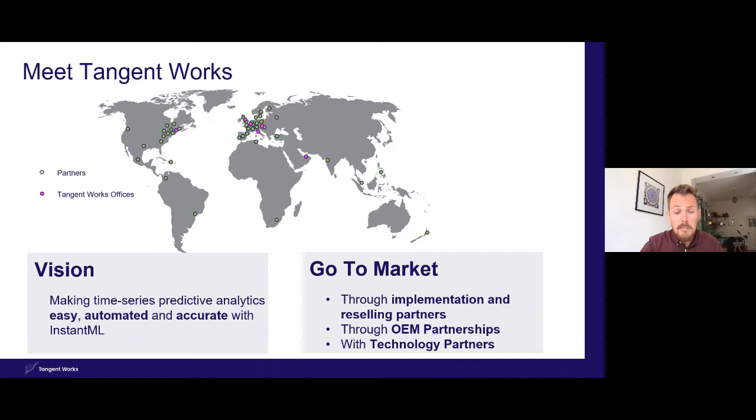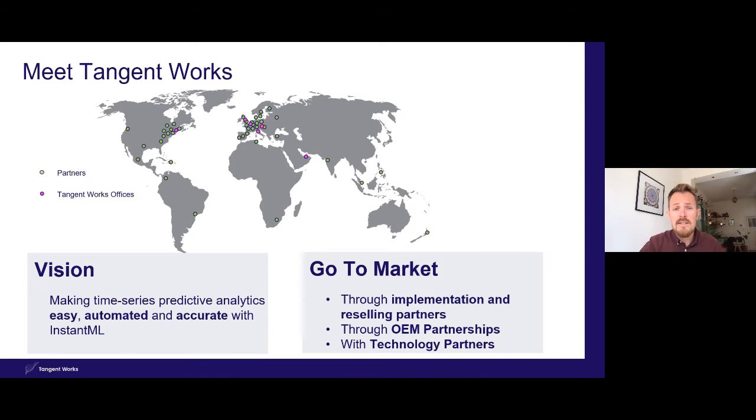So TangentWorks, we are a Belgian company, a scale-up company today, growing quite rapidly, and we're really a technology vendor. So while At Once, of course, is focusing on end-to-end solutions, supporting you with your data projects, we have basically built a technology, quite a unique one, which I will take you through, and we run those operations from R&D and commercial offices in Europe, but we also have local support and business development offices in the US, in the UK, and expanding globally.